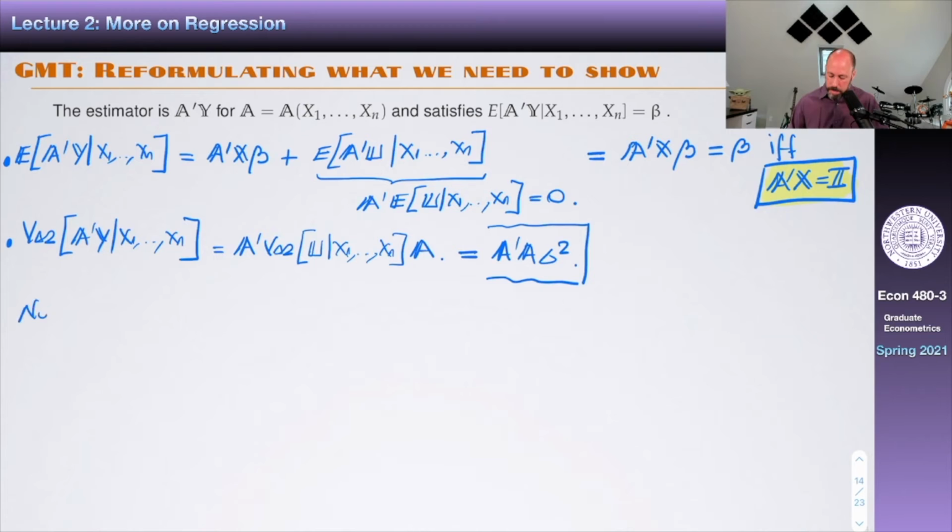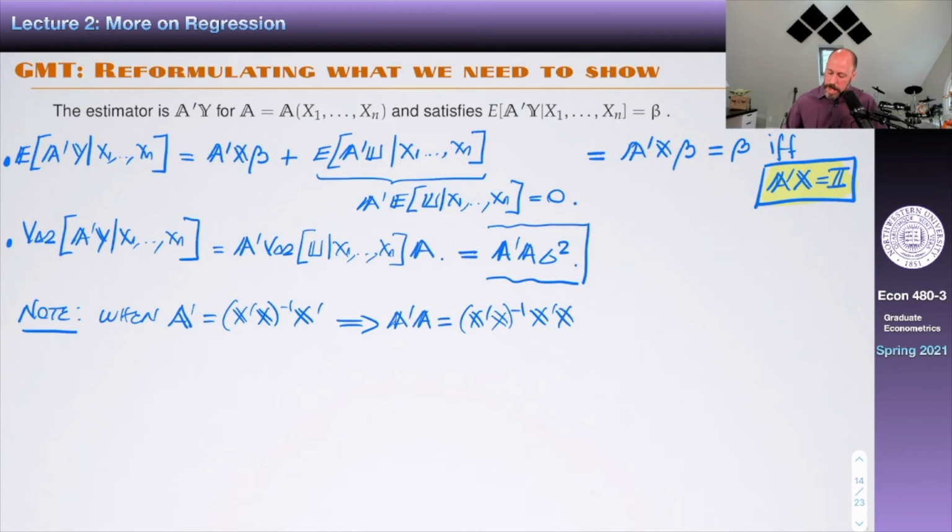Now note that when a prime is equal to x prime x inverse x prime, then a prime a is just x prime x inverse x prime x x prime x inverse, which is just x prime x inverse.